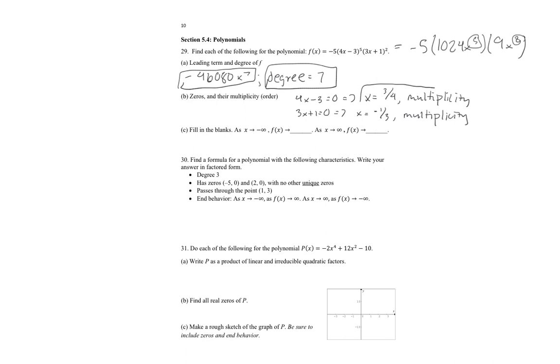And so for the 3/4, it has a multiplicity of 5. And then for the 3x plus 1, it has a multiplicity of 2. And so this just becomes our answer. Okay, so for part C, this is actually where our part A will come in handy.